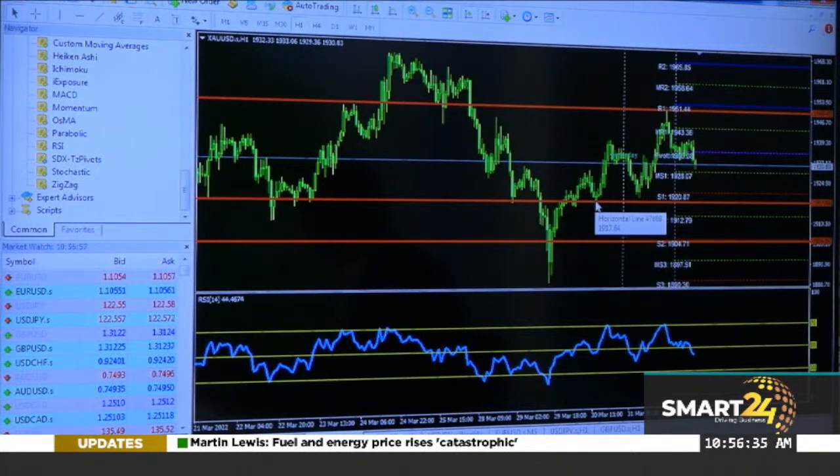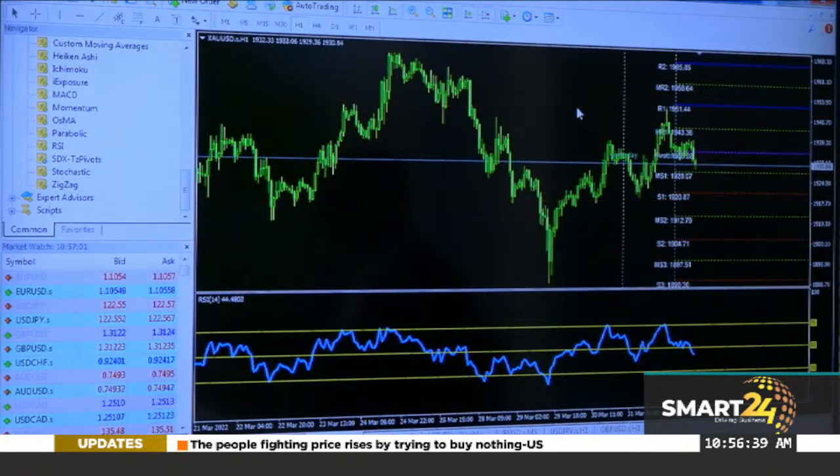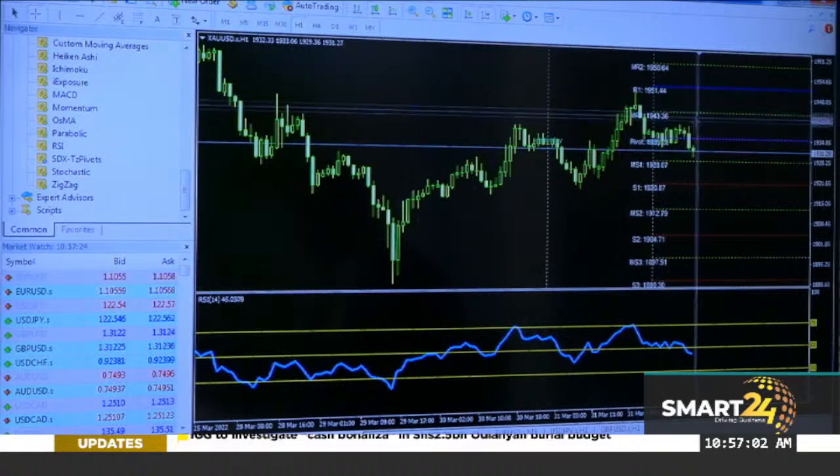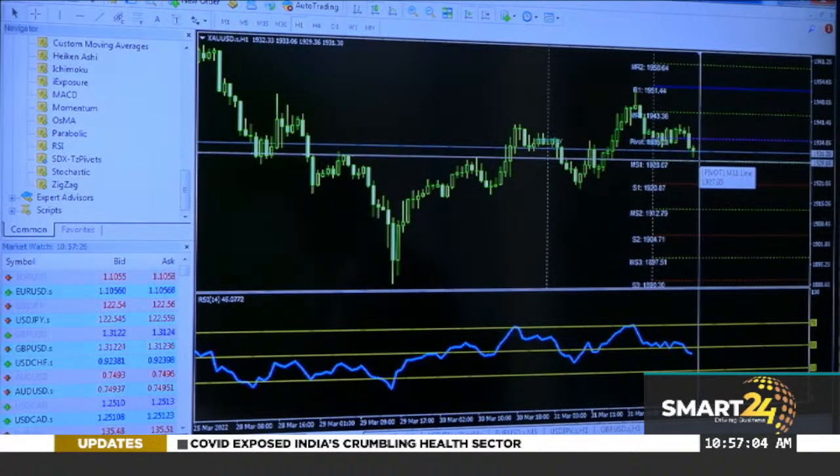Now this is gold, and these are pivot points for gold, and we have some nice price movement. There's a lot of support there, and it has been very stagnant. But if prices break this medium support level 1, then you can probably trade to that support level 1 and maybe beyond. But the market here is very much in a range. It's not very good.